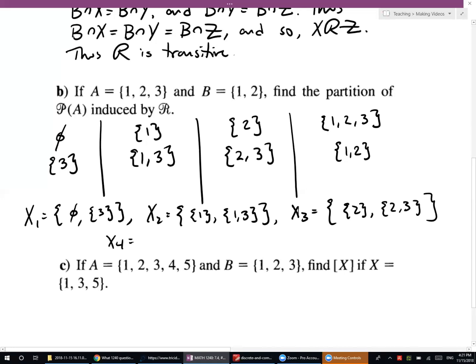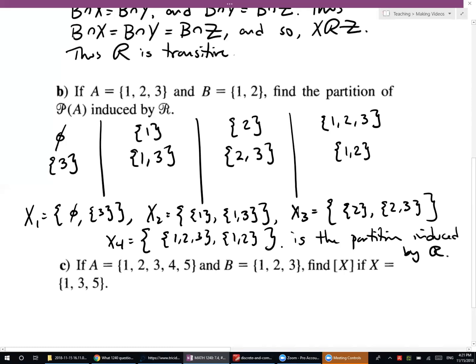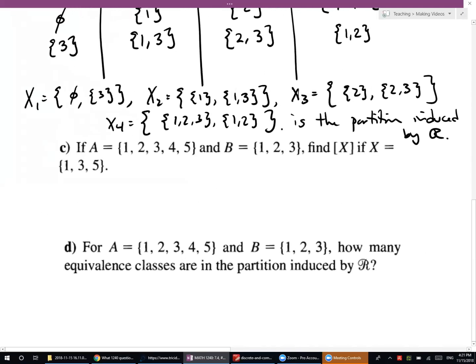And lastly, X4 is the set of the set {1, 2, 3} and the set {1, 2}. And those are the parts of the partition, and those form the partition induced by R. Great question. All right, next here.